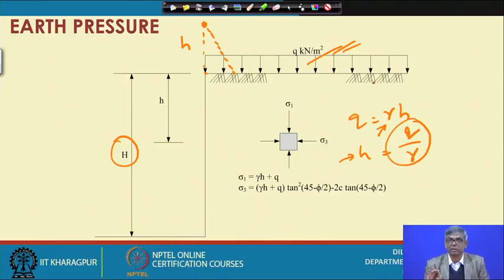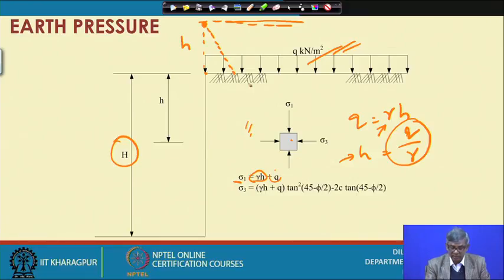This is the way one can visualize. Then if I consider the wall started from here, because of the weight of this soil at this point, this is the pressure. So that pressure will be constant, and because of this soil, again there will be additional pressure. That is the way you have to do. This is the philosophy. So if I consider this way, then at any point sigma 1 will be gamma H plus Q.